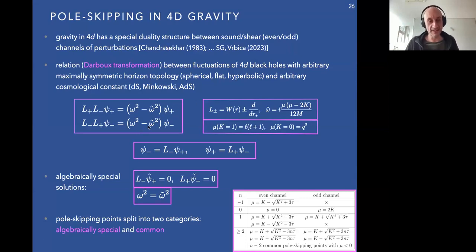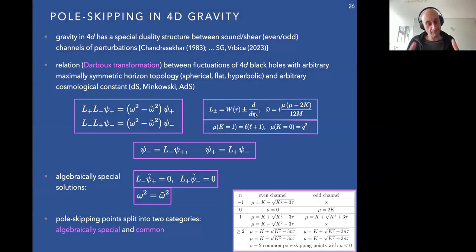What you can show is that for any solution in one channel, you can cook up a solution in the other channel with a linear operator L. These linear operators in even and odd channels are very, very simple operators. We were able to show that this is true for spherical, flat, and hyperbolic black holes, and it doesn't matter if this is in AdS, Minkowski, or dS. These relations are always valid.